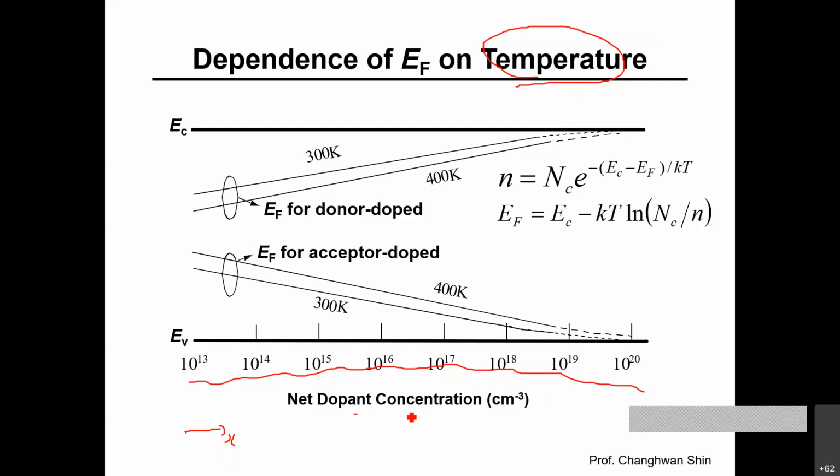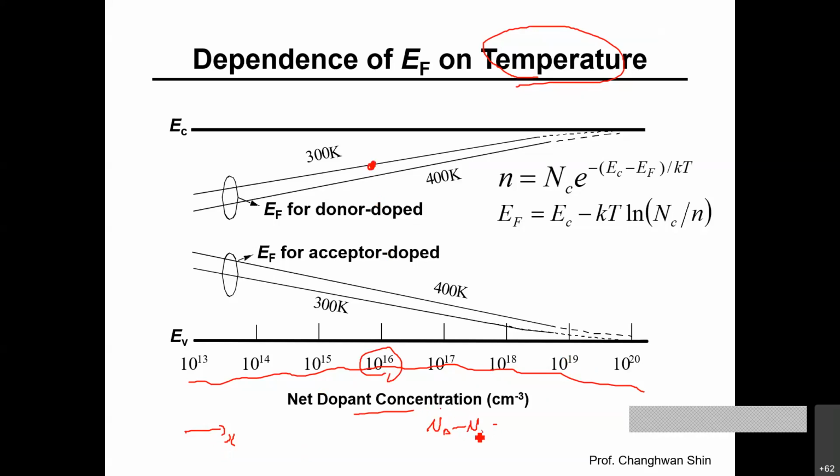So if net dopant concentration, simply speaking, N sub D minus N sub A, net doping concentration is say 10 to the 16, then at room temperature, okay?